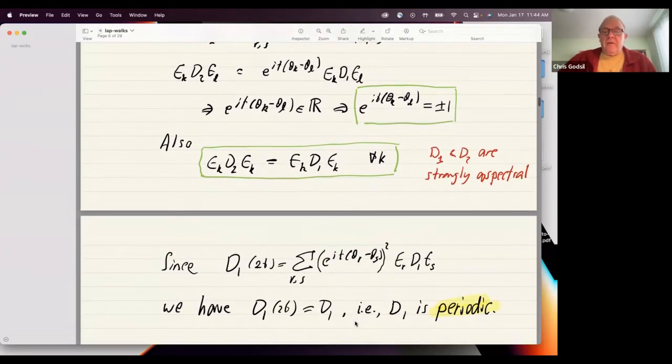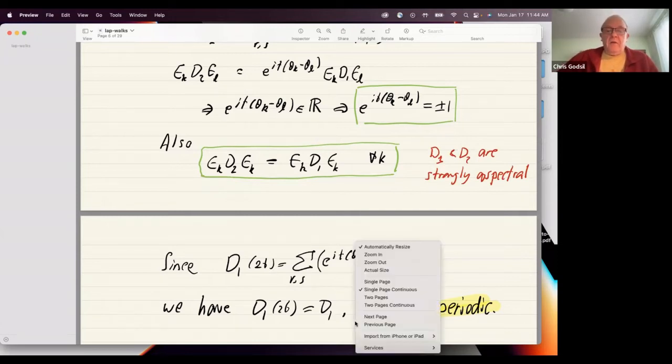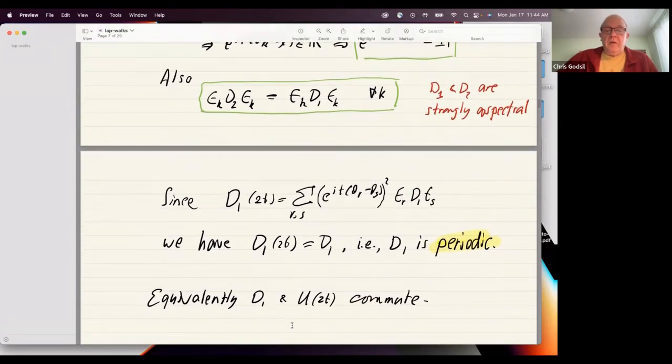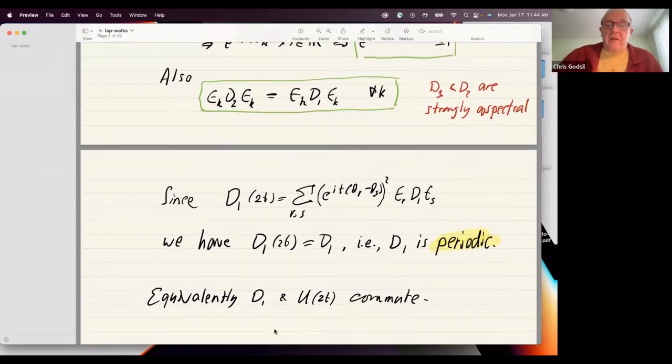And so, here's the statement that I went over before. If there's transfer from real states D1 to D2 at time t, then D1 and D2 are both periodic at time 2t. That's what we're often going to work with. That's equivalent to saying that D1 and U of 2t commute. Now, this sort of thing is extremely important algebraically.